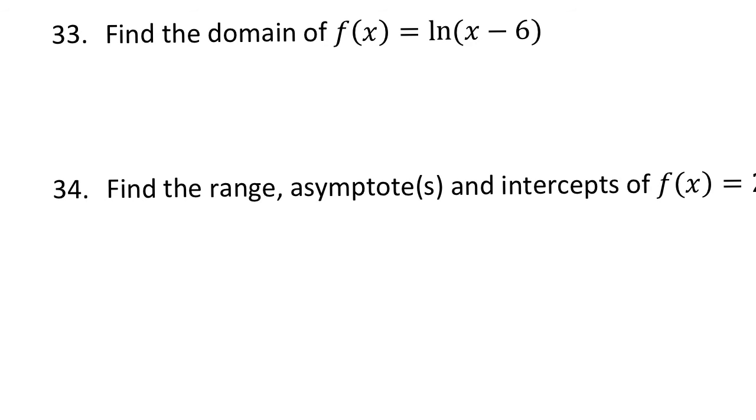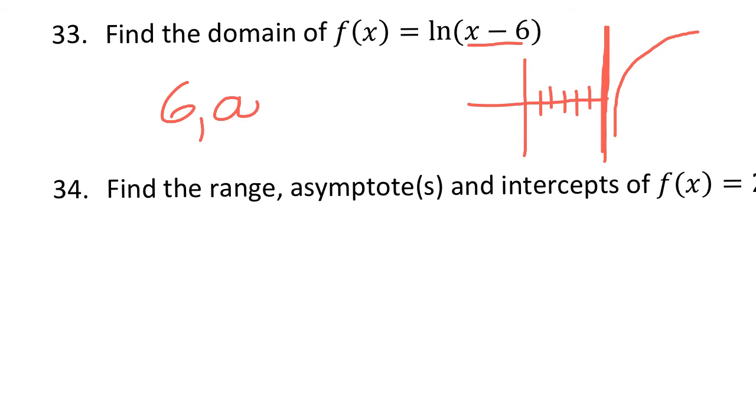Well, first let's investigate where the vertical asymptote happens. The vertical asymptote happens at 6. So there's a vertical line at 6, and the graph of a logarithm, unless it's reflected, will go onward to the right. So the domain of this logarithm is 6 to infinity.